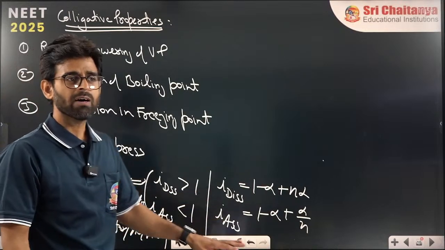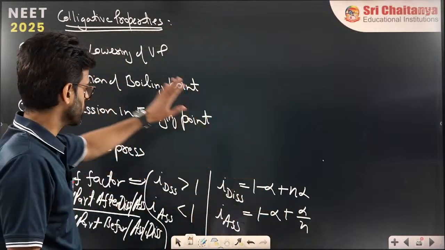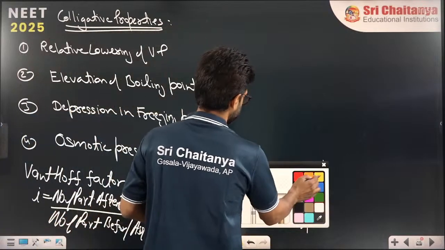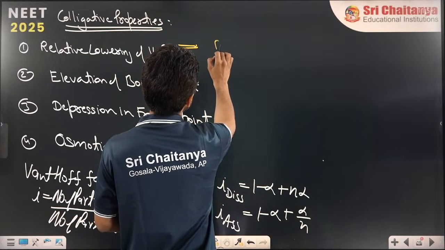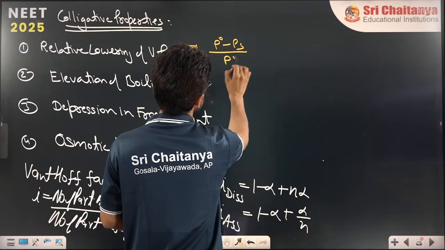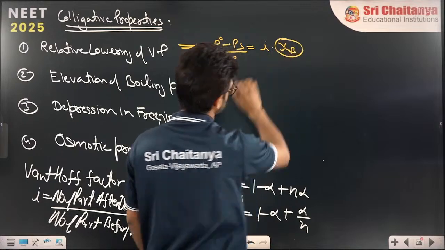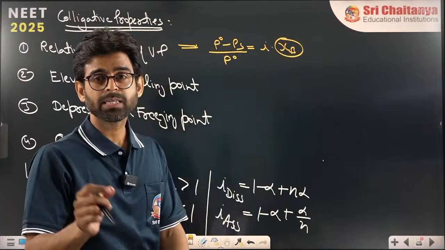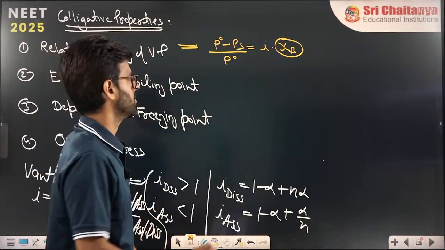So first of all, our target is to find the Van 't Hoff factor before going for any of these properties. What is RLVP? We know very well: RLVP is P naught minus Ps divided by P naught, equals i XB, where XB is the mole fraction of the non-volatile solute, right?